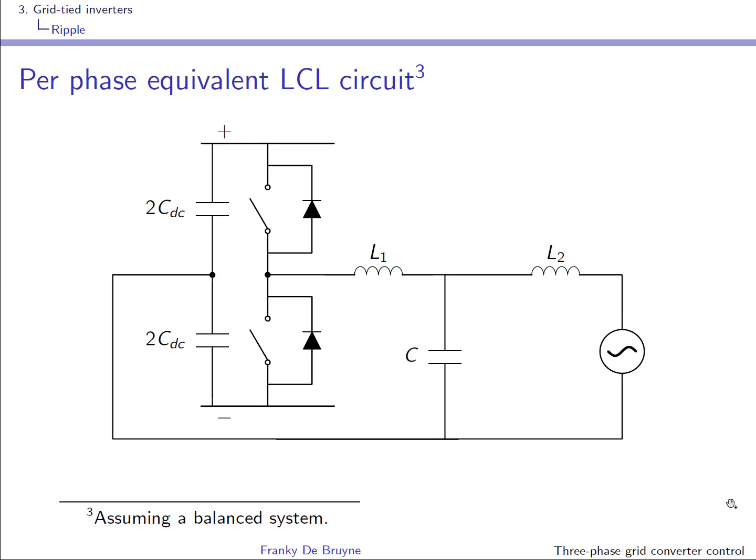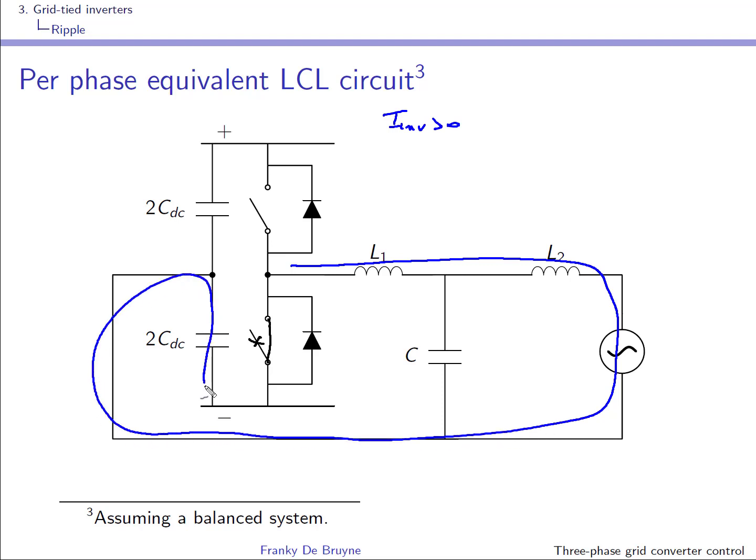So assume now that the bottom transistor is conducting, so T bottom is on. Then we can again look at the first case where E inverter is positive, so it's flowing out of the inverter. So this will be the path that is taken by the inverter current, and it will actually flow through the diode.